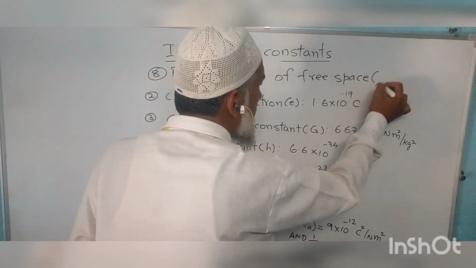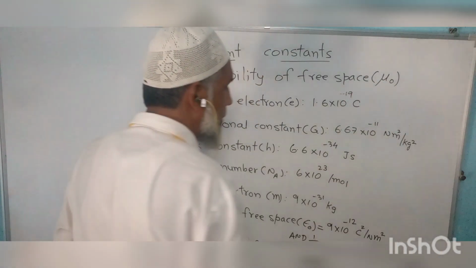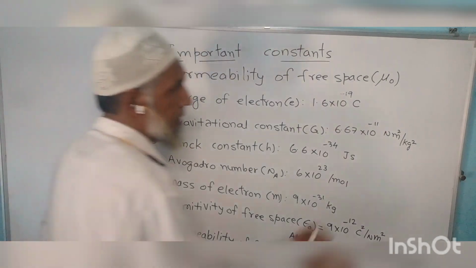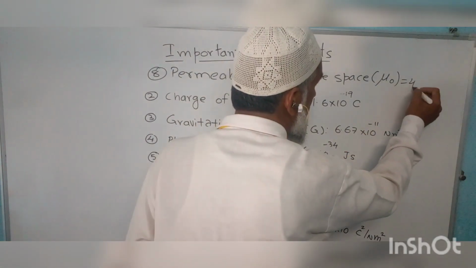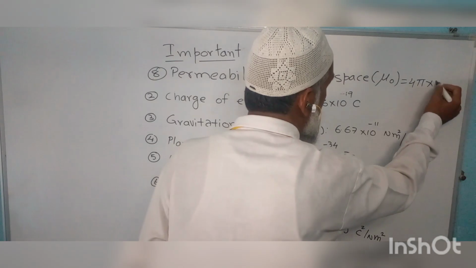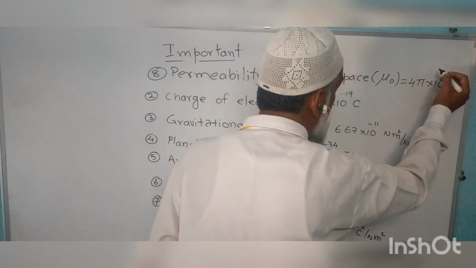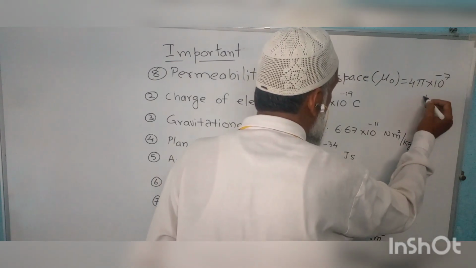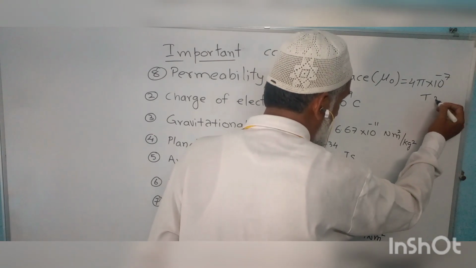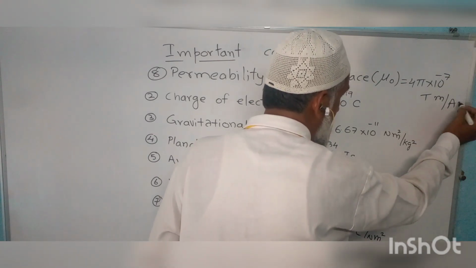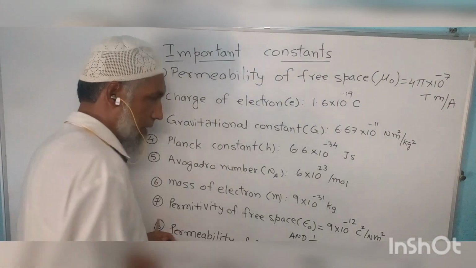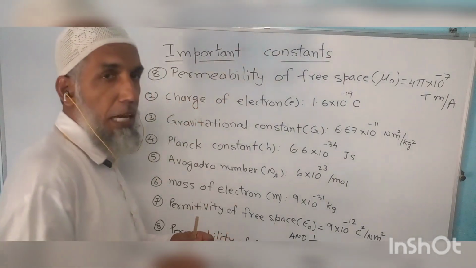Its symbol is mu naught and its value is 4 pi into 10 to the power of minus 7 Tesla meter per ampere. Tesla meter per ampere.